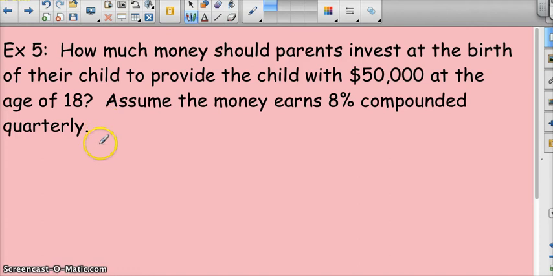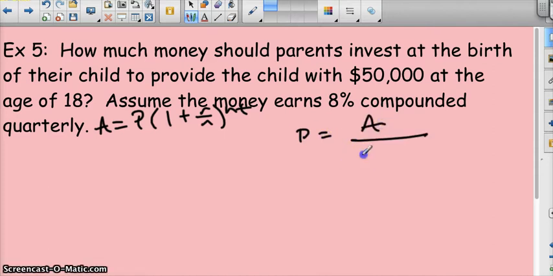So you look at it and you say, which formula do I want to use? Do I want to use A equals P times 1 plus R over N to the NT power? Or do I want to use P equals A divided by 1 plus R over N to the NT power?